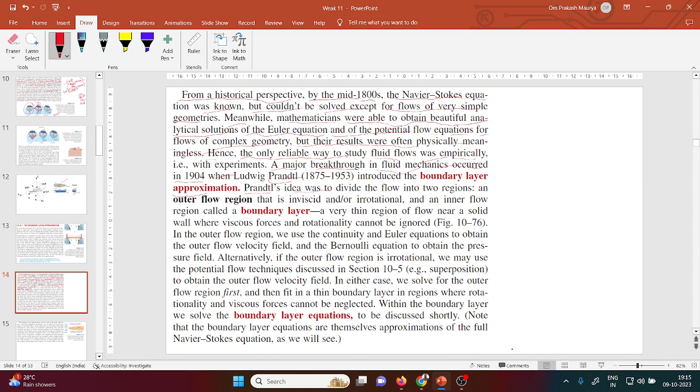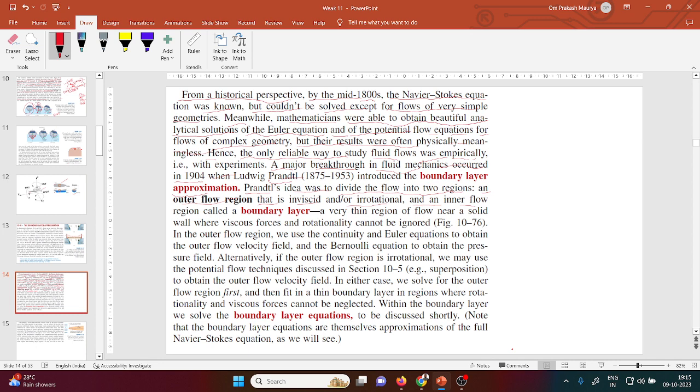Prandtl's idea was to divide the flow into two regions: an outer flow region that is inviscid or irrotational, and an inner flow region called the boundary layer.